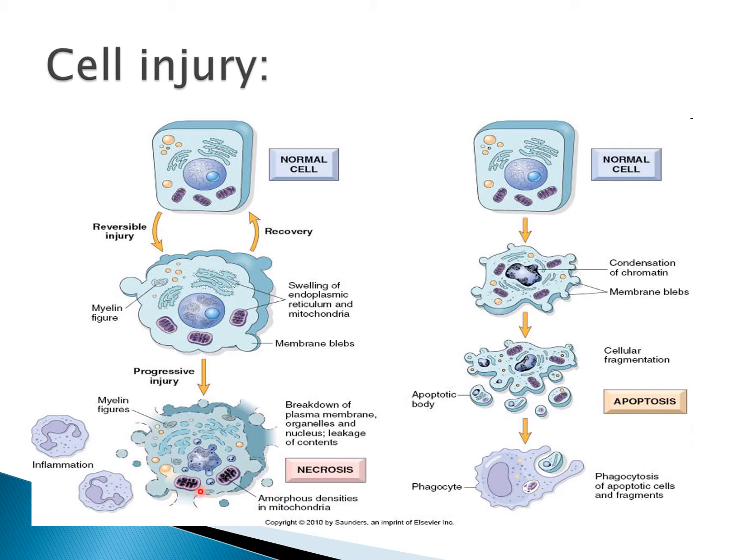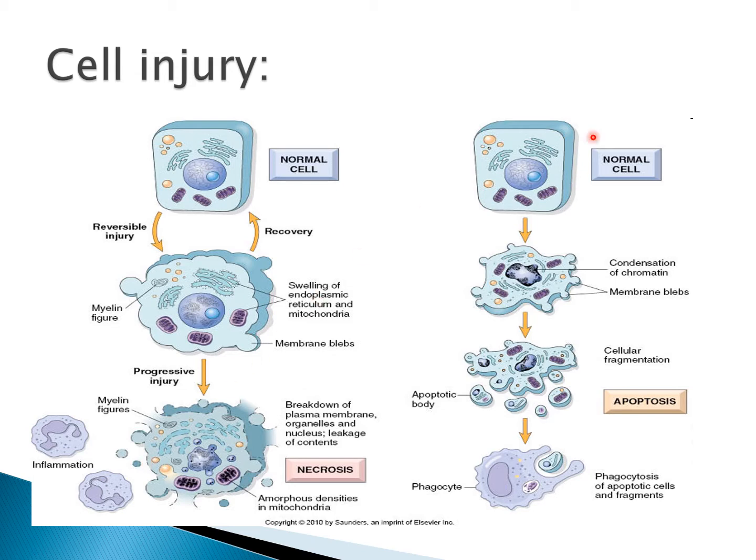Look at the mitochondria and the endoplasmic reticulum, they are still swollen, and we start to see changes in the nucleus. We will discuss it later when we talk about the ultrastructural changes in necrosis. And here the inflammatory cells come to the area in order to engulf and digest these necrotic or dead cells.